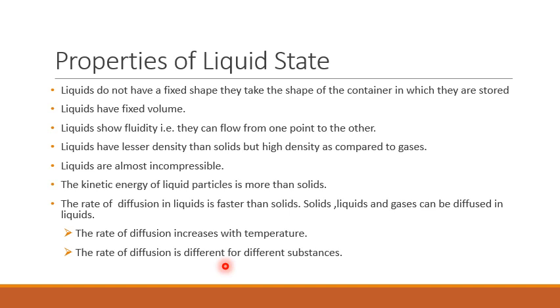Whereas if I put a drop of honey, it would take a longer time to diffuse in water. So it depends from substance to substance how the diffusion will take place. So the rate of diffusion is different for different substances.